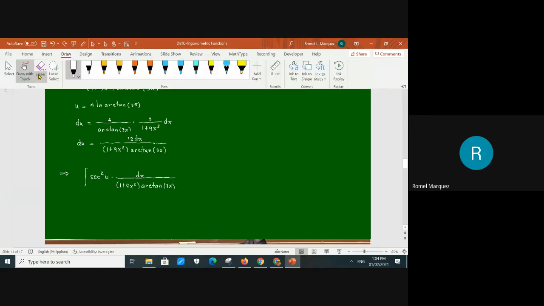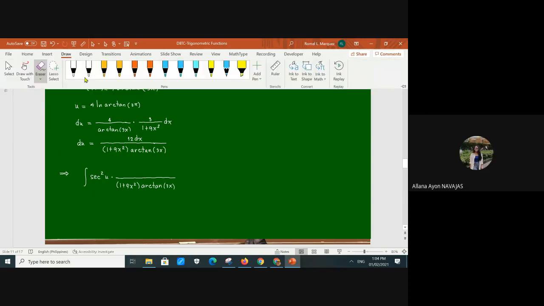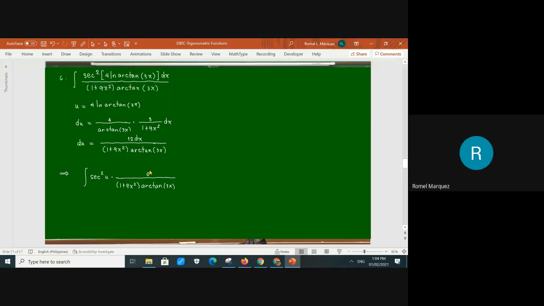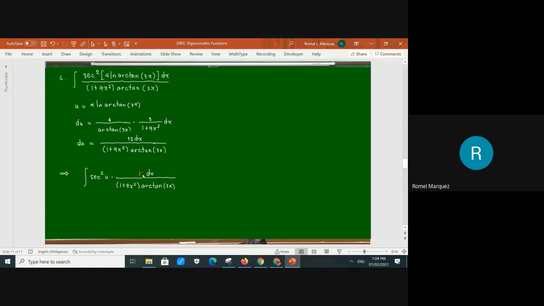So, what am I going to supply, guys? Ano isusupply ko sa numerator? 12 po, sir. Wow. So, I'm going to multiply by 12, then balance outside by 1 over 12. So, this is now secant squared u du.